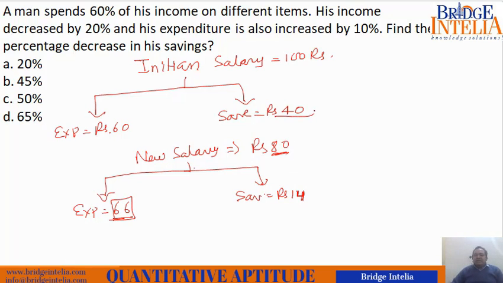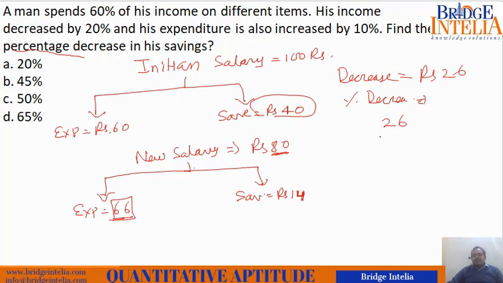Earlier he was saving rupees 40. The question is, what is the percentage decrease in his savings? So the decrease in saving is 26. Percentage decrease: 26 is what percentage of 40? So 26 by 40 into 100. So 2, 5, 13. So 13 fives are 65%.